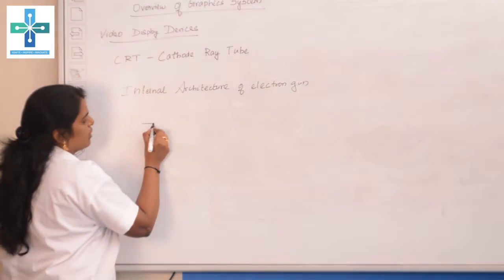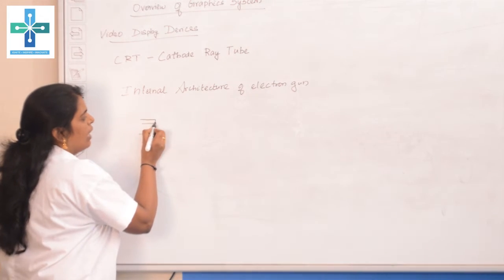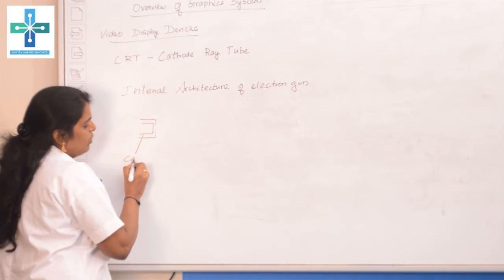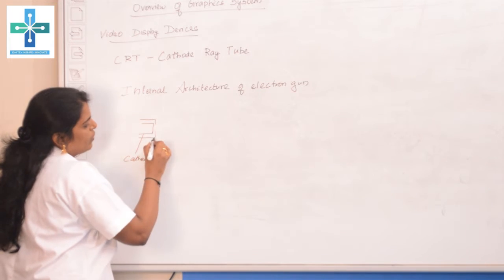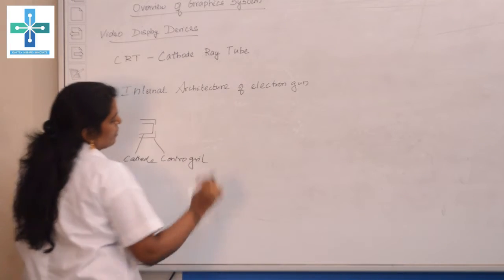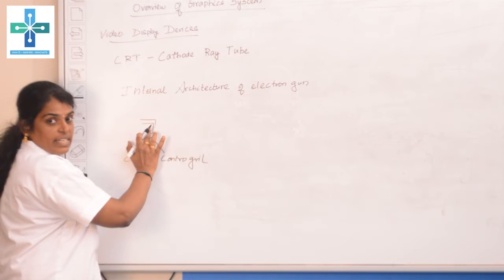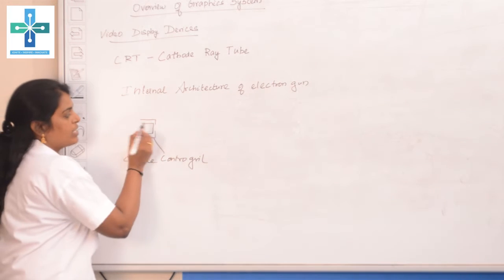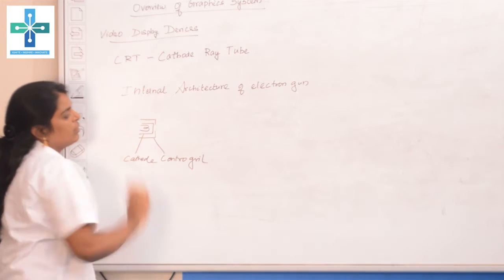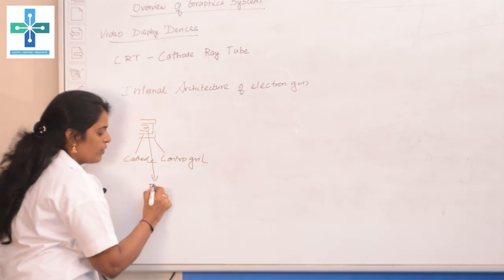One is the cathode, another one is the control grid. This one is the cathode and this one is the control grid. From this only the electron beam is generated. How is it generated? Inside this cathode, there is a coil. This coil of wire is also called the filament.